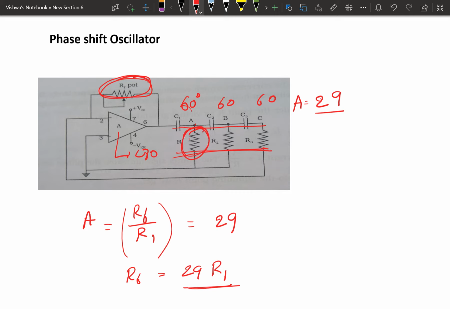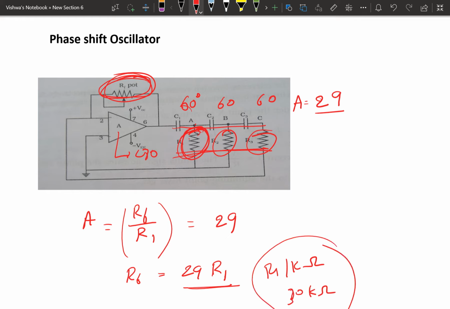For example, if you take a 1 kilo ohm resistor for R1, then the feedback resistor should be about 30 kilo ohm. So this is the condition to achieve the phase shift oscillator.